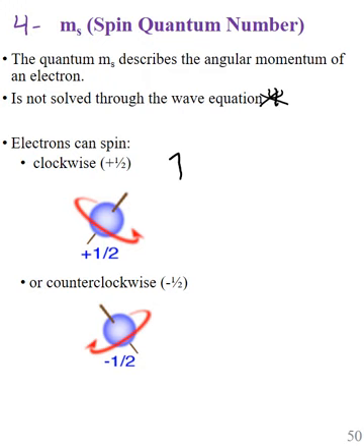Counterclockwise. And with this, the electron is just spinning in the opposite direction, spinning counterclockwise. So we denote that with a -1/2. I can denote it with an arrow by putting it in the down direction. So m sub s will only have 2 values, +1/2 or -1/2.